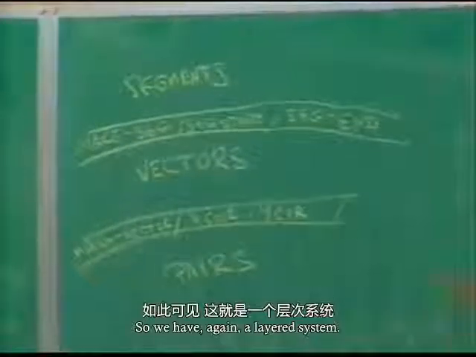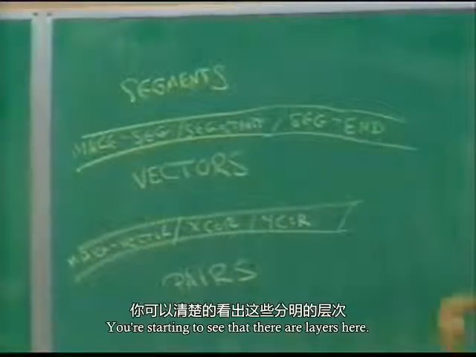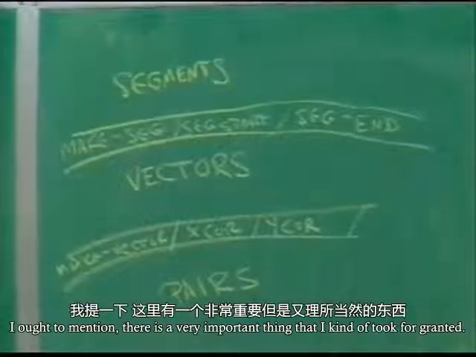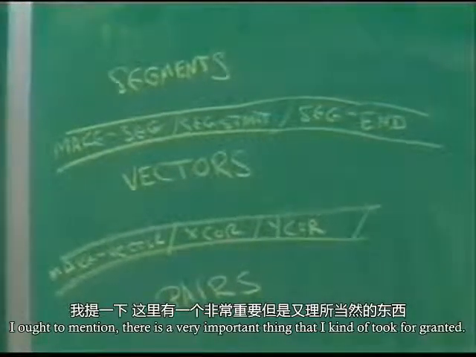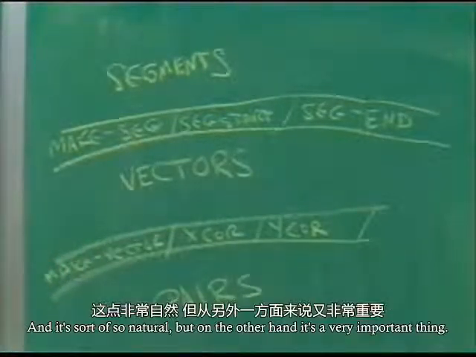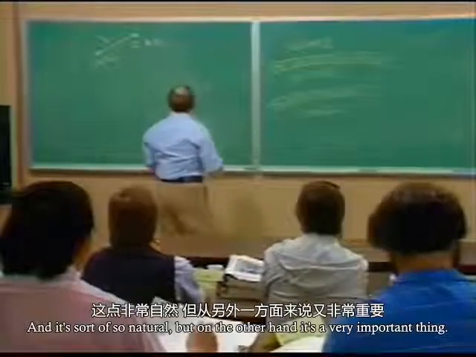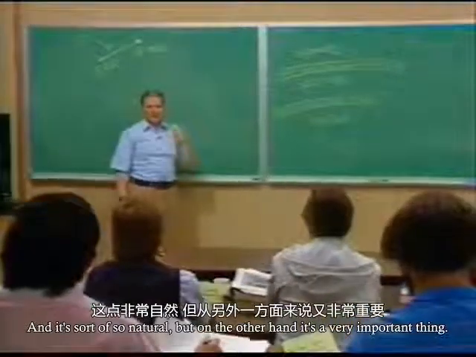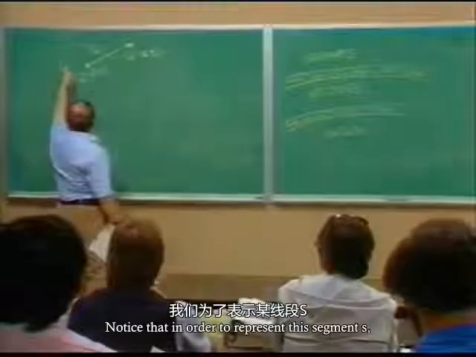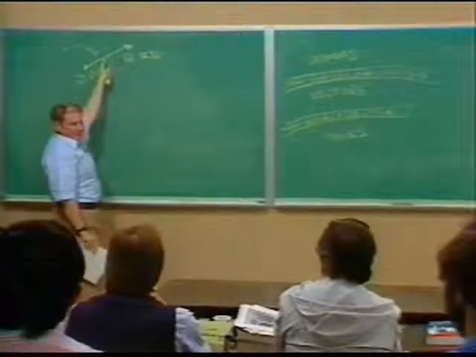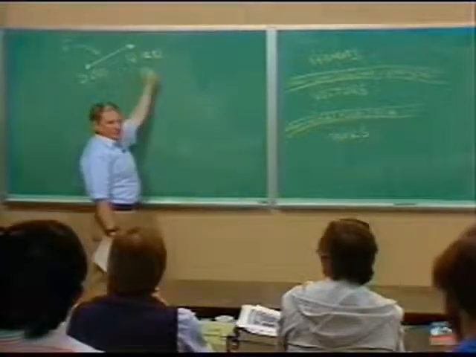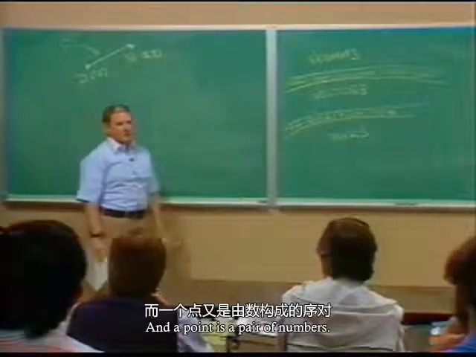So we have, again, a layered system, and you're starting to see that there are layers here. I ought to mention there's a very important thing that I kind of took for granted, and it's sort of so natural. On the other hand, it's a very important thing. Notice that in order to represent this segment S, I said this segment is a pair of points, and a point is a pair of numbers.